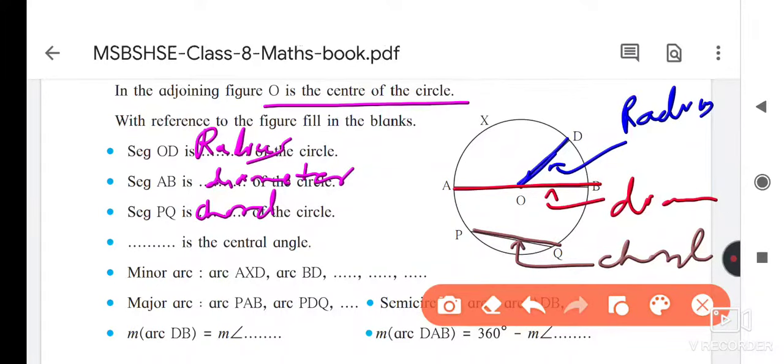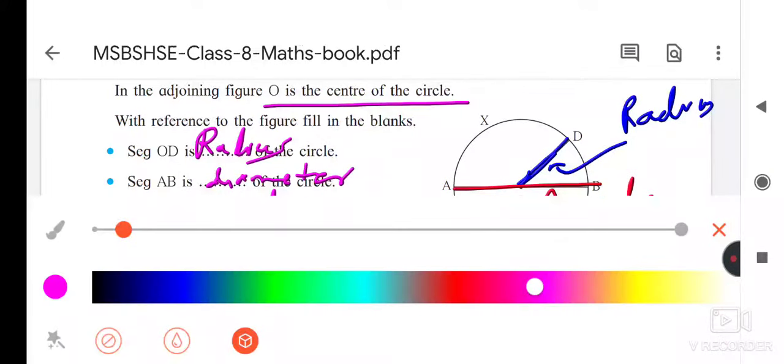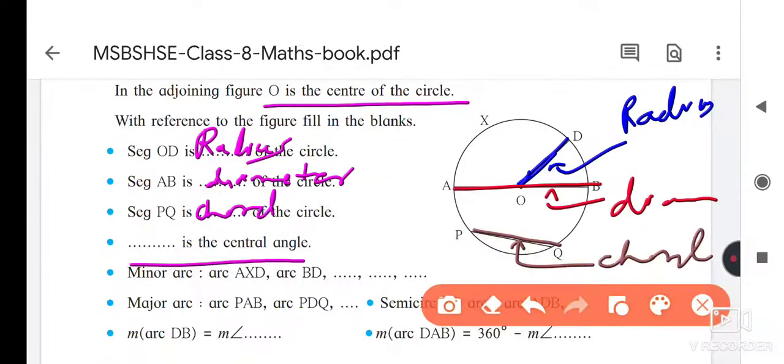After this, what is given? Dash is the central angle. As you know, the angle whose vertex is the center of the circle is called the central angle. So in the figure, angle DOB is a central angle, and also angle DOA is a central angle.